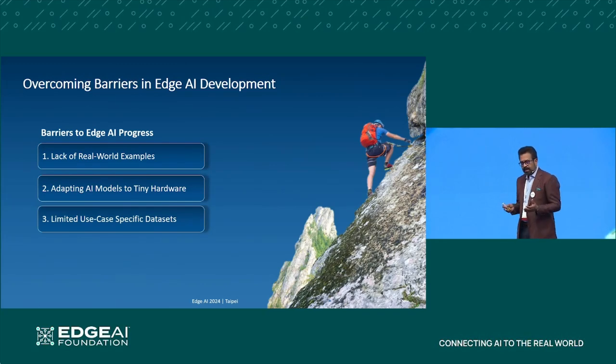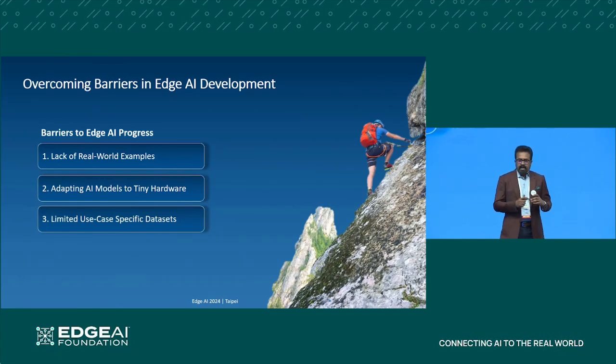Barriers, if you see, is we are still early in the adoption of edge AI use cases, very early. And there are few real-world examples, because it's not productized yet. It's all coming together now and in the next year or so.